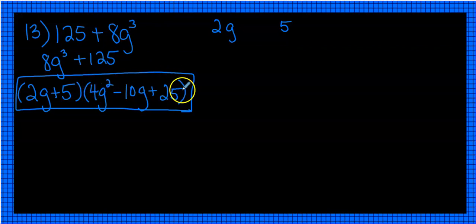There's 4 times 25 is 100. There's no numbers that when I combine them, I get negative 10, and when I multiply them, I get 100. So I would have to use quadratic formula here, which we're going to do. So my A value for quadratic formula is 4, my B value is negative 10, and my C value is 25.